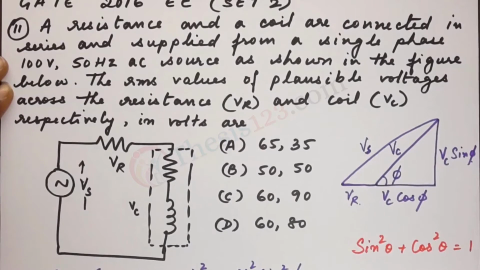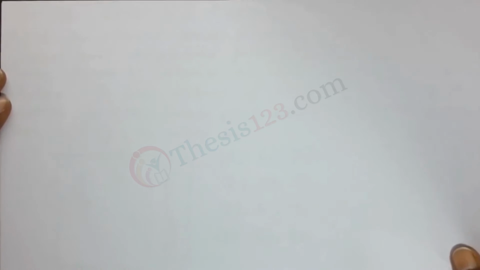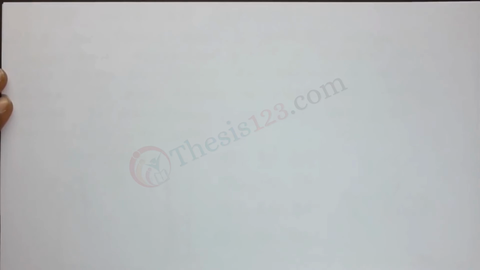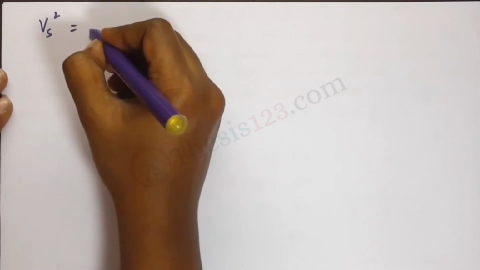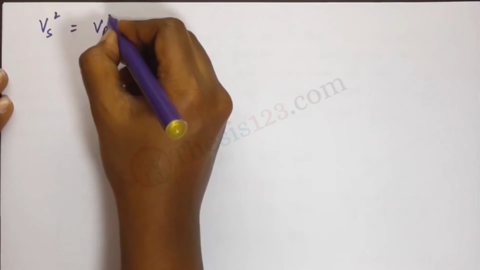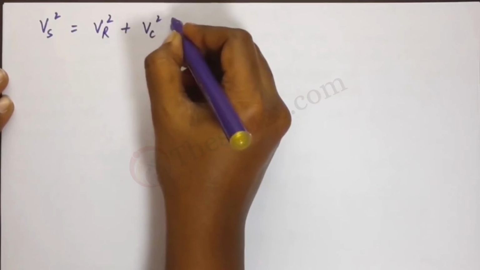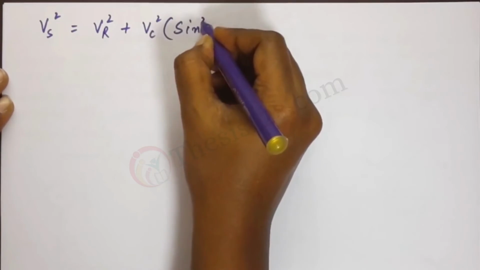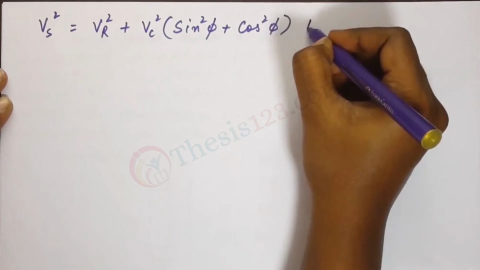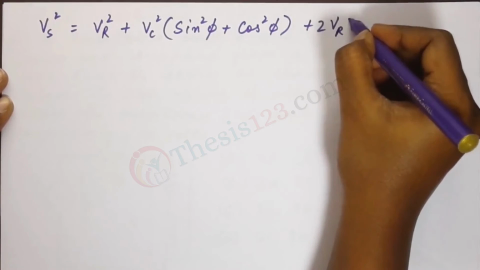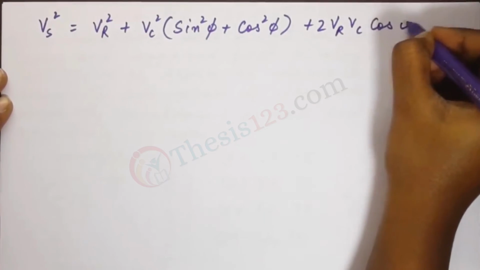So let's simplify. Utilizing that, we get Vs square is equal to VR square plus VC square into sin square phi plus cos square phi plus 2 VR VC cos phi.